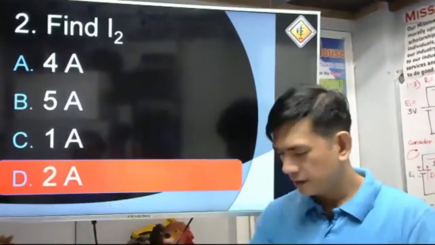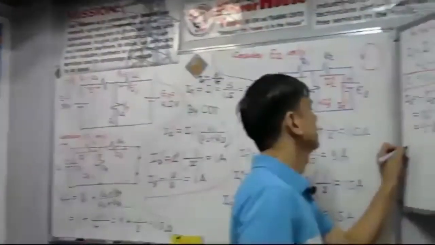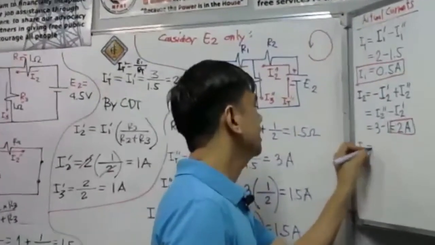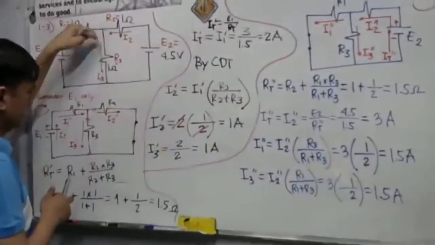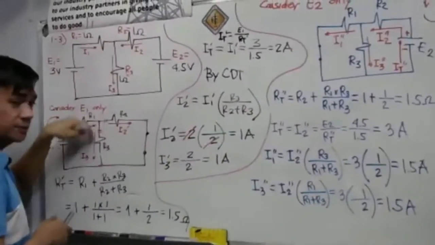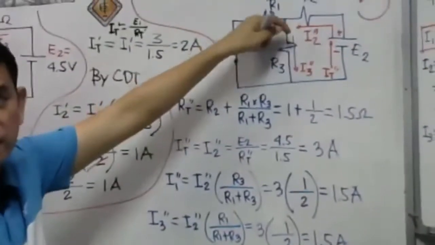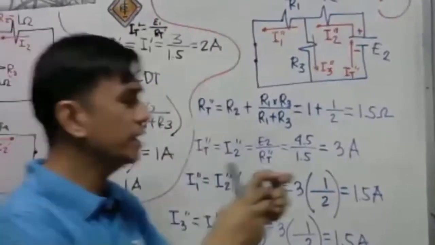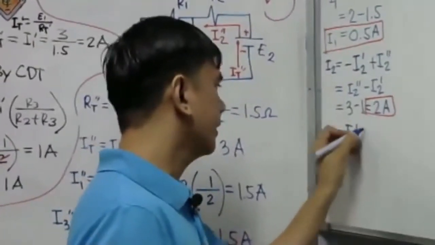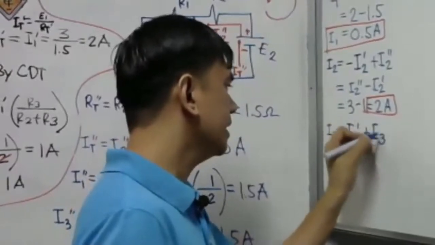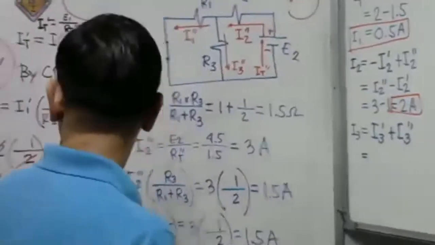And then for I sub 3, originally our I sub 3 is going downward. Our I3 prime is going downward, and also our I3 double prime is going downward. They are both going downward. So that's equal to I3 prime plus I3 double prime.